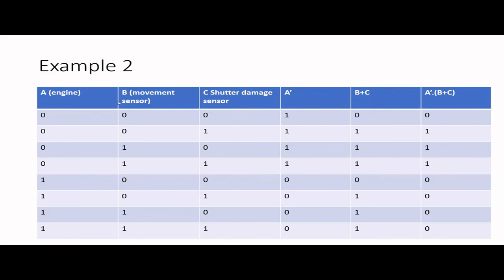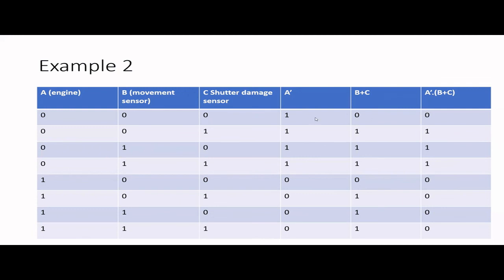Then B or C. OR gate means at least one input should become 1, then only your output will become 1. Now in this case, both are 0, that means your output is 0. Understood? Then with this one and this one, we have to do an AND operation.